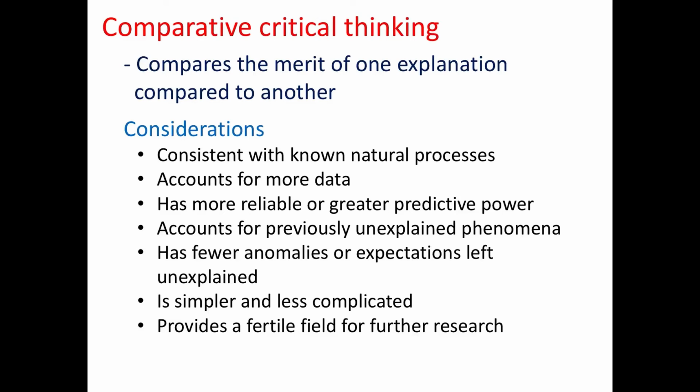Any scientific explanation must deal with empirical data, which is natural, but scientists consider one explanation better than another the more it is consistent with known natural processes, accounts for more data, especially independent data sets, when it has more reliable or greater predictive power, when it accounts for previously unexplained or puzzling phenomena, when it has fewer anomalies or expectations left unexplained, when it is simpler and less complicated, which we call Occam's razor, and if it provides a fertile field for future research.